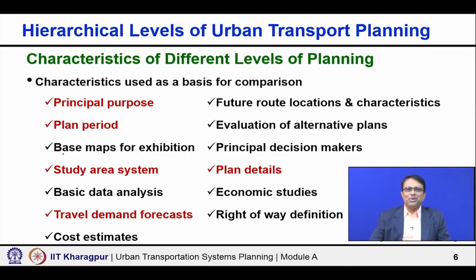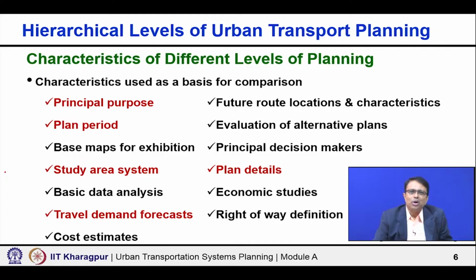Obviously, the one at the top, at the umbrella level, is something very different than when you go to the detailed level. The detailed level has a much more detailed cost estimate, in the detailed development plan.